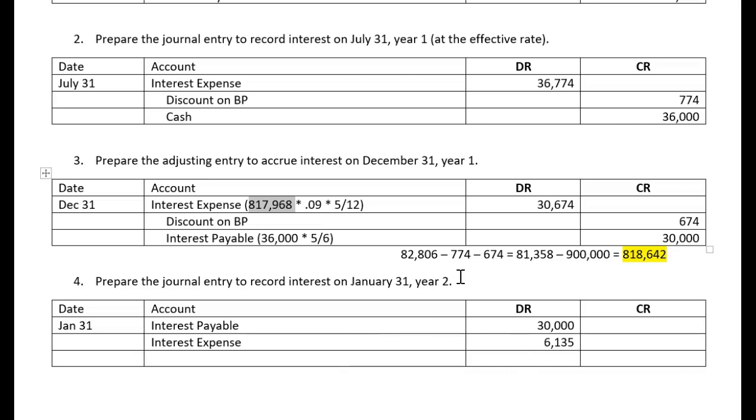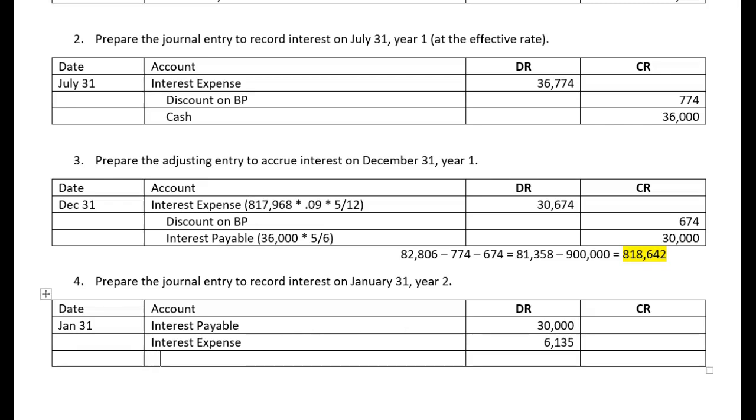Was that the total amount of interest that we recorded? So take the 30,674 and then add it to the 6,135. And sure enough, notice that the sum of those two equals that amount we expect. So the point of that, again, is just to make sure your carry value is consistent for that whole 6 months. We do not want to use this updated balance sheet number at that point to calculate the 1 month.